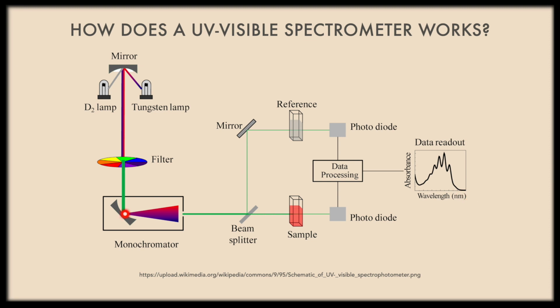What the machine does is automatically keep changing the wavelength from, say, 200 to 800, and then it plots a graph between those regions, scans, and knows where the lambda max value is. So that is the working of a UV visible spectrometer.